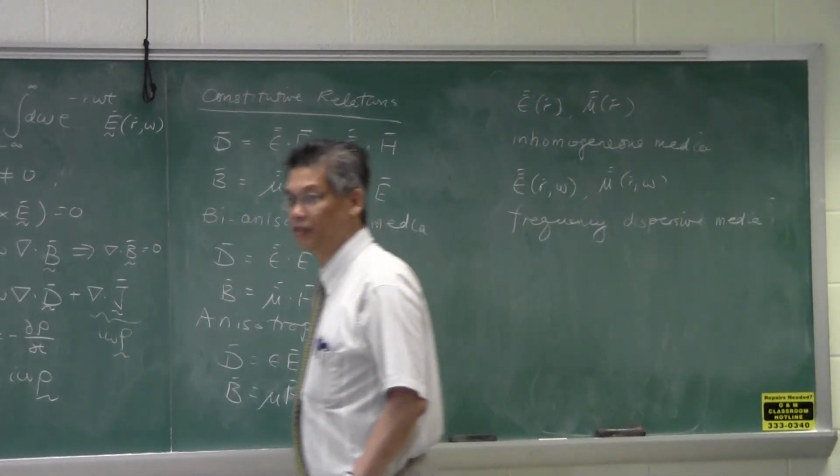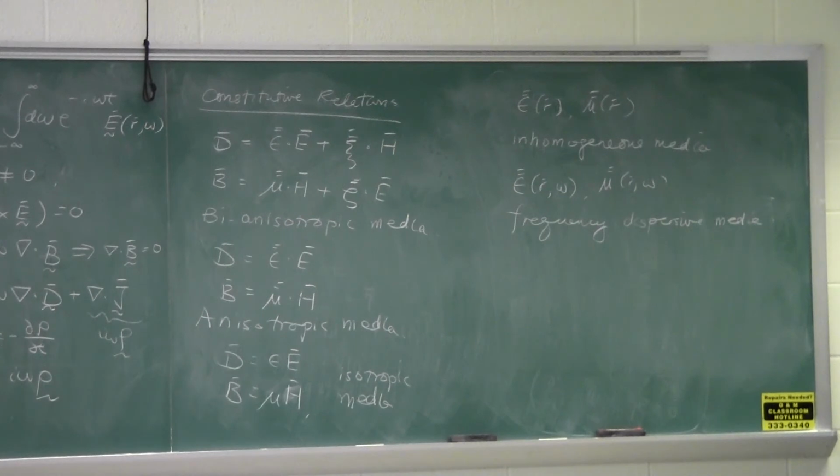What does frequency dispersive medium mean? When epsilon is a function of frequency and mu is a function of frequency, what does that mean to you? What does that mean? Ken, what does it mean to you? No? No meaning?